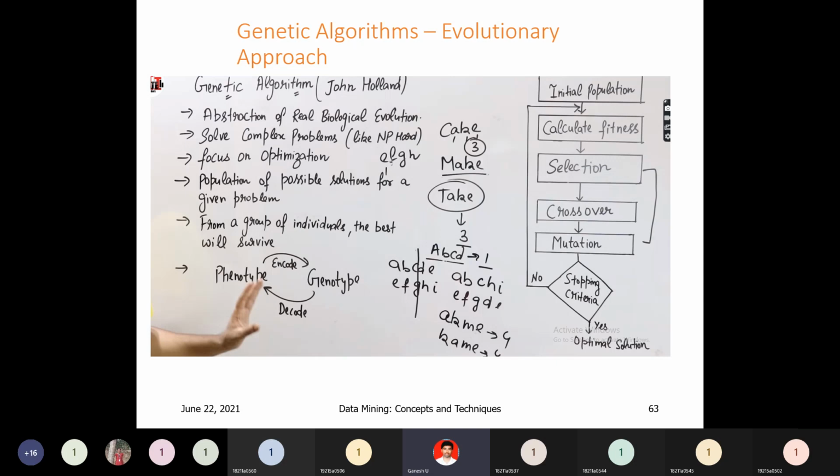It mainly focuses on optimization. So I told you, it mainly focuses on optimization, the best solution. It will always use the best solution. There are a number of generations, from the first generation to the next generation. The second generation takes all the positive points from the first generation, so the second generation is obviously smarter than the first.